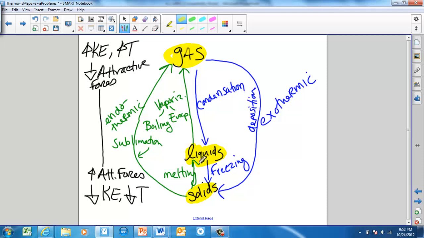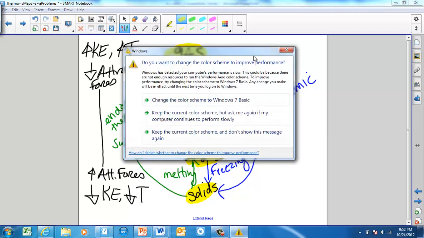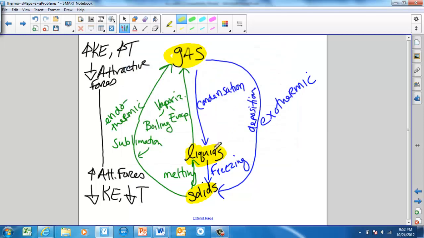The liquids are the particles are a little bit further apart. The attractive forces are less, so that's why they can slide past one another. But to make the jump to gases, gases are about 1/1000th the density of liquids and solids. So you're talking about a big jump when we get here.